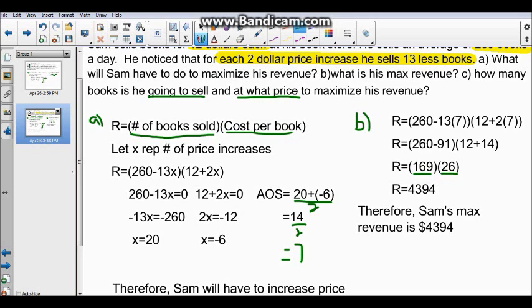So now we know that 169 is the number of books sold to maximize revenue, and at $26 per book, which is the maximized revenue.